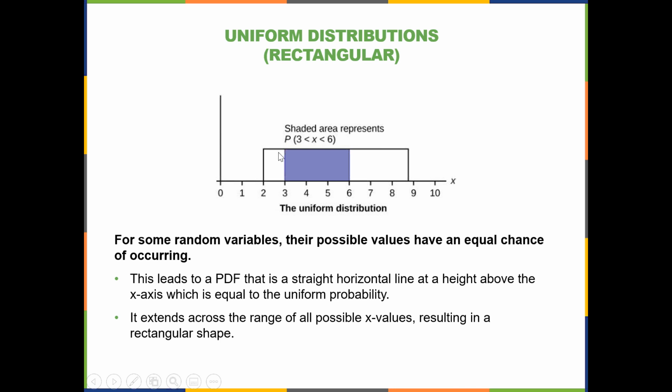Okay, so for this example here, we see that the random variable could take on values anywhere from 2 up to about 8.9, and infinitely many possibilities in between those 2 points. And since all of these are equally likely, you see the horizontal PDF creating a rectangular shape when you close it down to the edges.